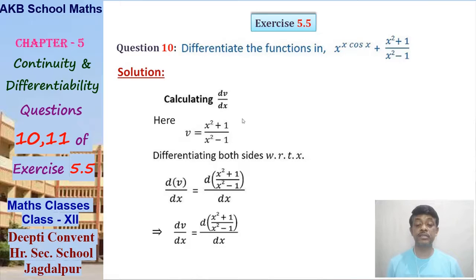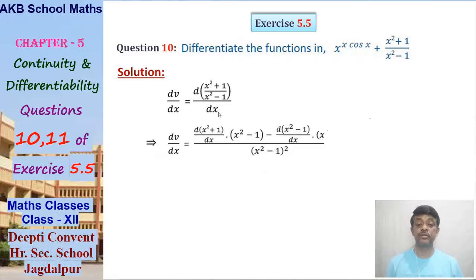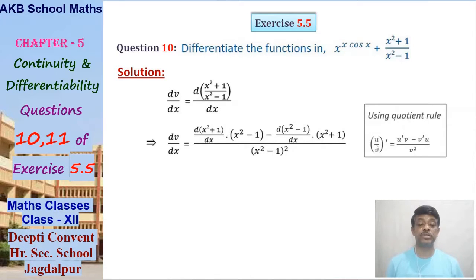So d by dx of numerator upon denominator. Now using the quotient formula, (u by v) dash equals (v u dash minus v dash u) by v square. Clear? This is the formula. So using it, here v means what?